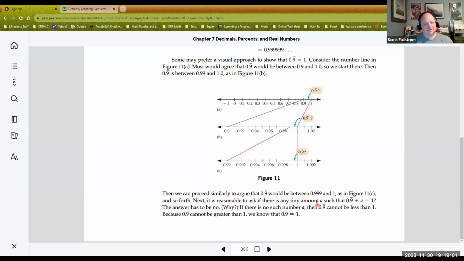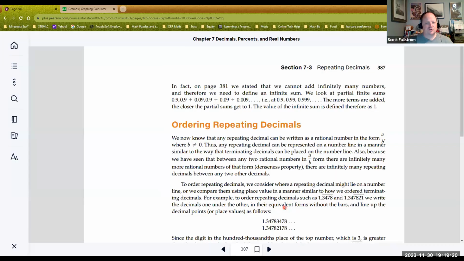But there is no tiny little amount that I would add, because every time you think it's a tiny amount, I just zoom in and show you, I'm sorry, I can find a number between. So 0.9 repeating cannot be greater than 1. So we know that 0.9 repeating must be equal to 1. So super cool in my mind, that nice little connection.